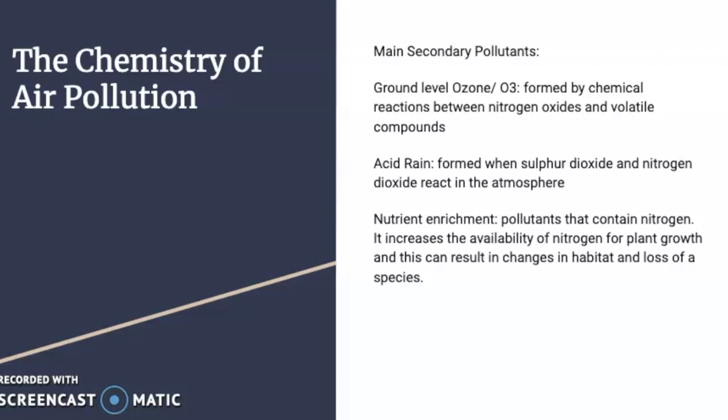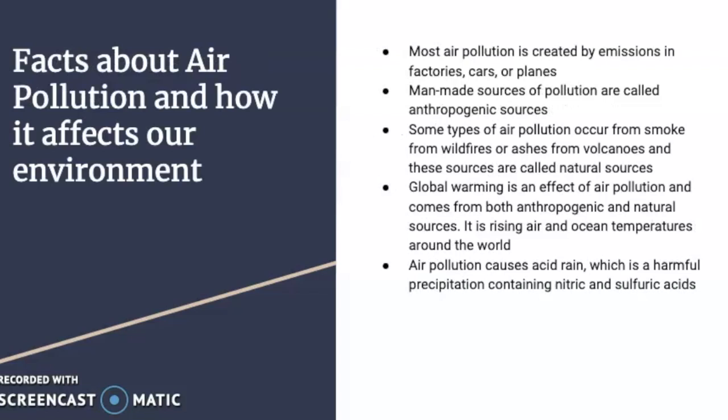Moving on to the main secondary pollutants. One of them is called ground level ozone, which is formed by chemical reactions between nitrogen oxides and volatile compounds. And then also acid rain, which is formed when sulfur dioxide and nitrogen dioxide react in the atmosphere. We can remember that acid rain is a harmful precipitation containing nitric and sulfuric acids.